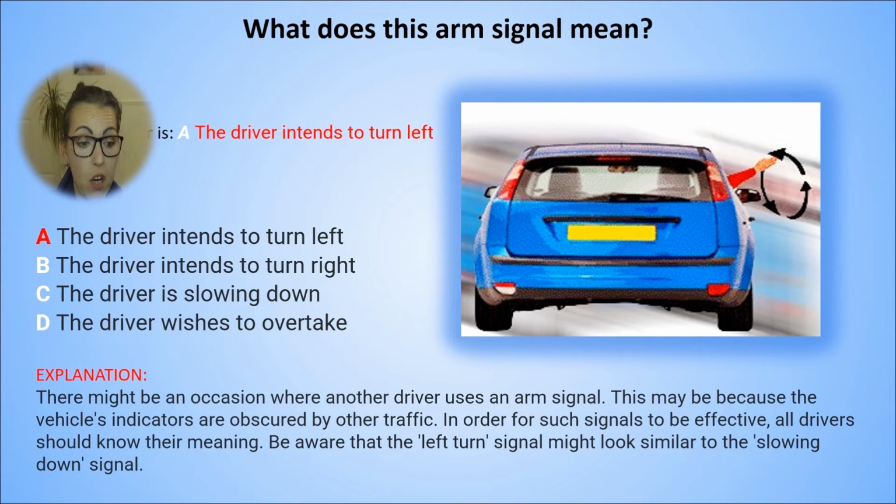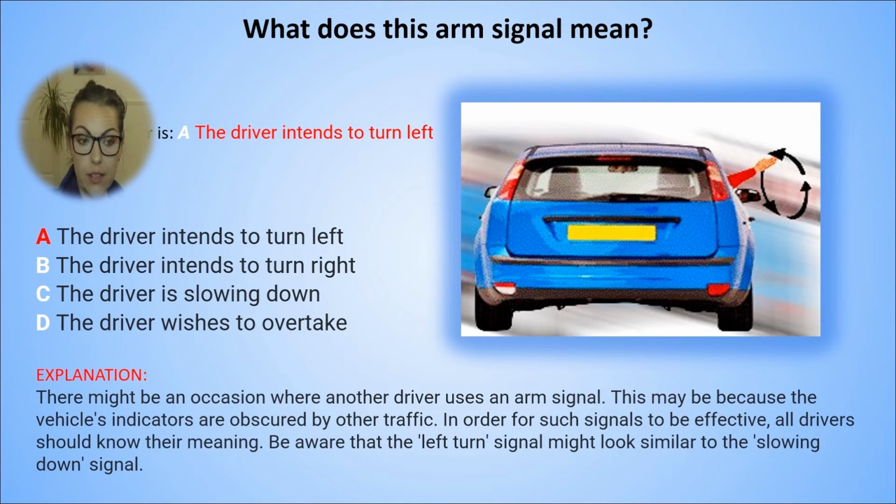This may be because the vehicle's indicators are obscured by other traffic, and in order for such signals to be effective, all drivers should know their meaning. Be aware that the left turn signal might look similar to the slowing down signal.